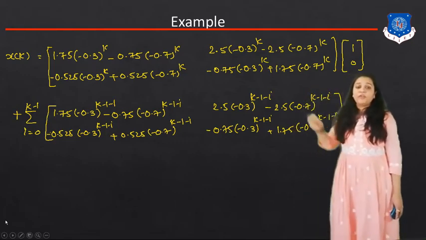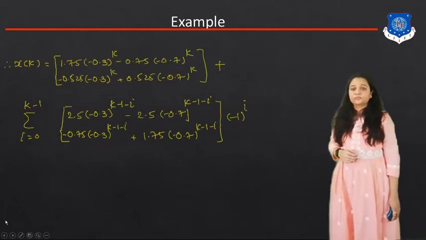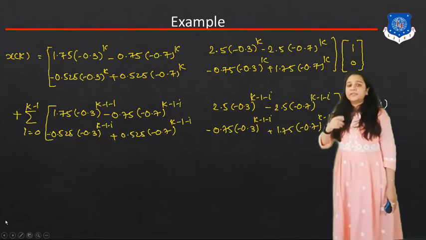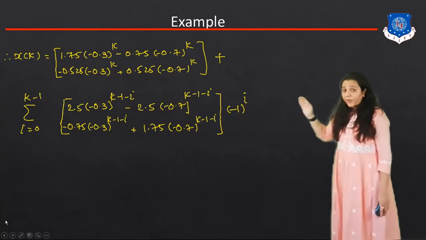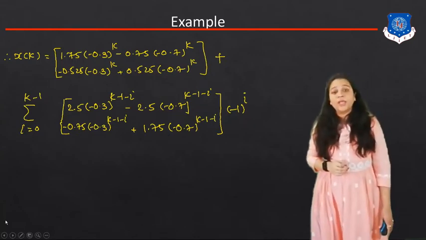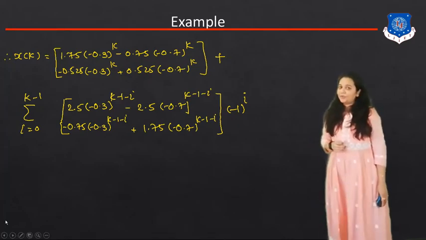First of all we have to multiply these two matrices, so we can get this type of matrix. Here 1 and 0. First we multiply with the 1. So we can get 1.75 in this bracket (-0.3)^k minus 0.75 (-0.7)^k.